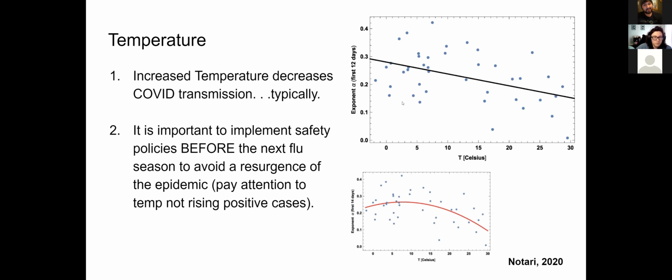But I don't put a ton of faith in statistical analysis like this because there are so many different variables. But the main takeaway is that you don't respond to number of cases. We should start getting tighter on social distancing and wearing face masks when it starts getting cold, not once cases have started picking back up, because we know cases are going to pick back up, and that's because of the temperature.